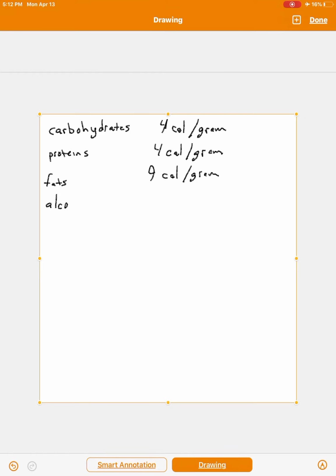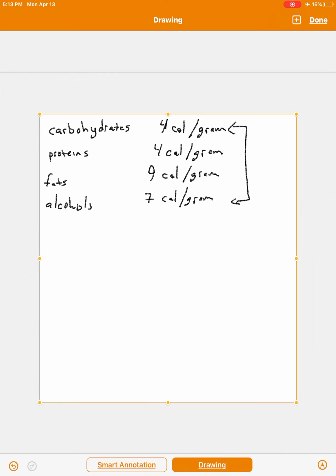And then alcohols are 7 calories per gram. Of course, water doesn't have any, right? The reason for that is that our metabolism, the way we metabolize foods, we can really only get energy out of these materials. These are the 4 materials we can get energy out of, as far as I know. And the amount of energy we get is essentially combustion.